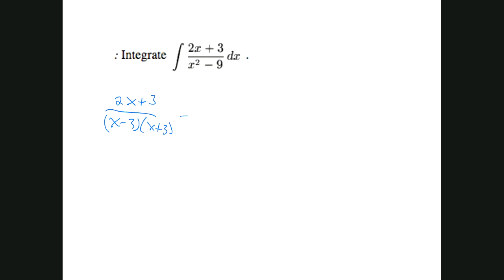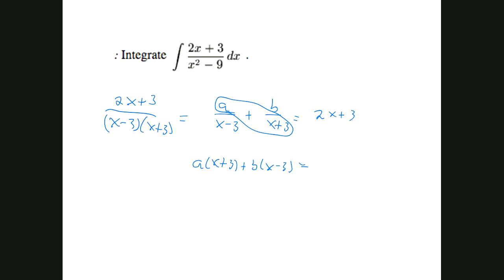And then I'm going to rewrite this as a over x minus 3 plus b over x plus 3 is equal to 2x plus 3. I'm going to cross multiply. So this gives me a(x plus 3) plus b(x minus 3) is equal to 2x plus 3.